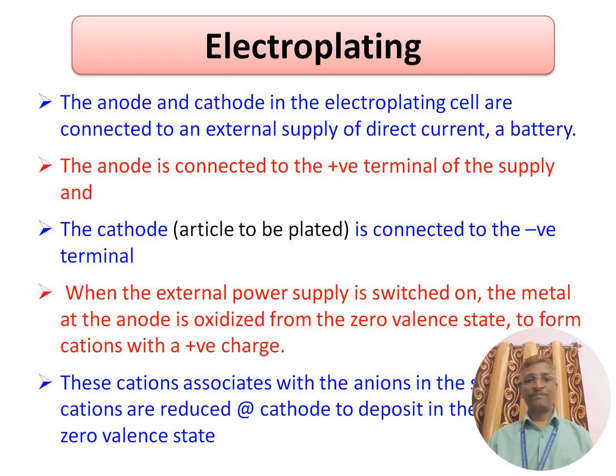What happens? The metal at the anode is oxidized, so it loses electrons to form ions. Then the cations in the solution are reduced at the cathode and deposited on the substrate.